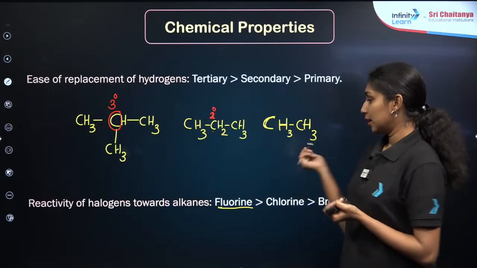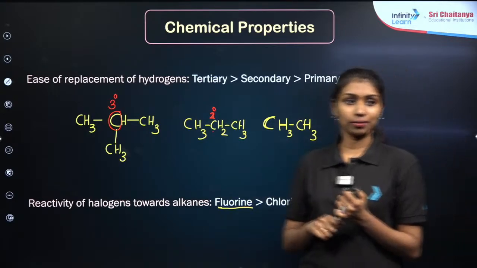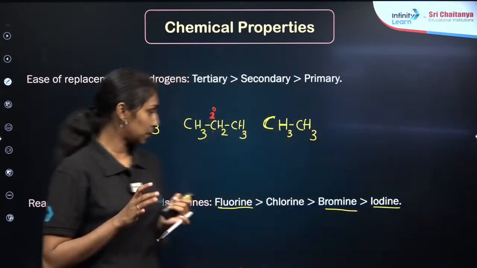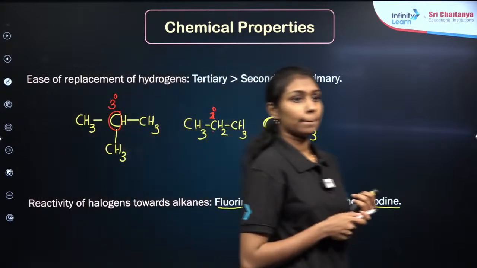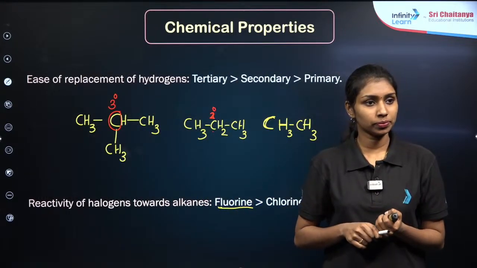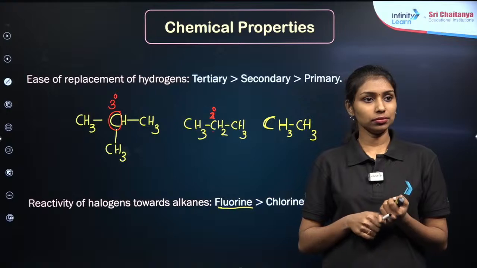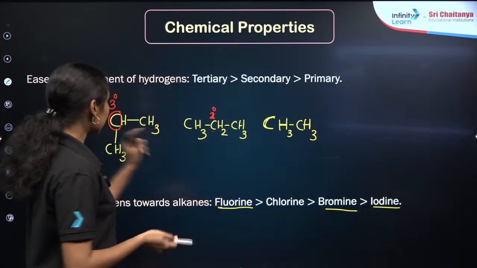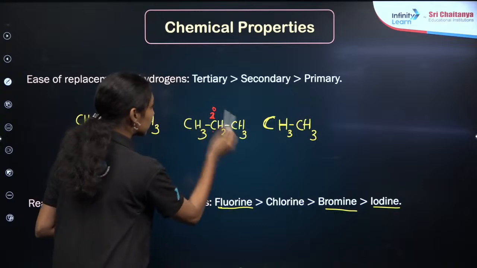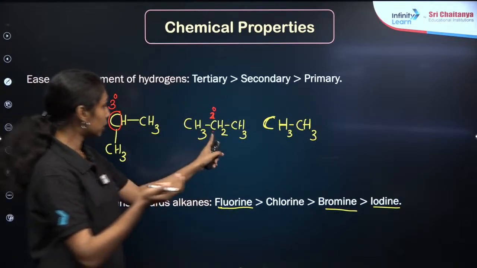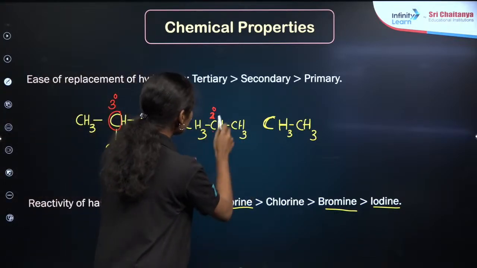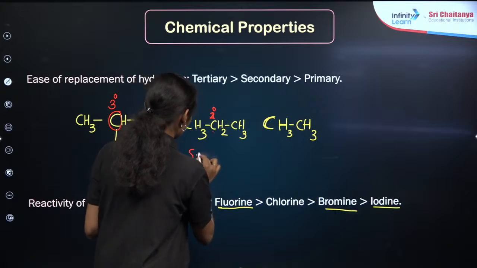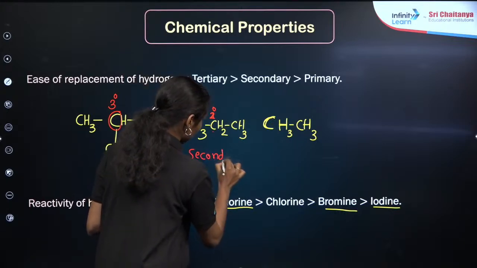So the rate will be starting from fluorine only. It's not about the size concept. In the second case, this carbon atom is connected to other 2 carbon atoms, right? So I can call this carbon the secondary carbon, and these hydrogens are known as secondary hydrogens, right?